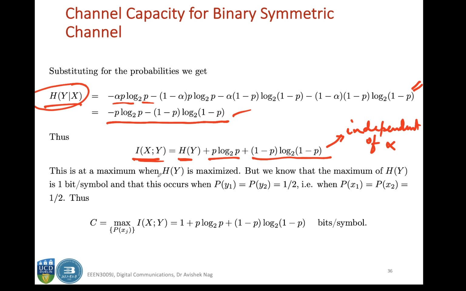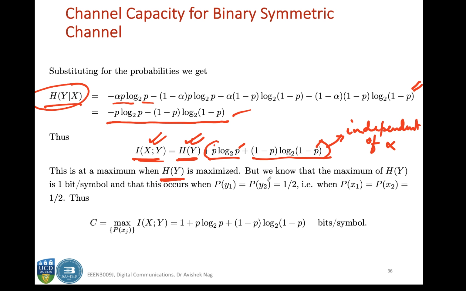So this expression will be at a maximum when H(Y) is maximized. Okay, so this is fixed. This p is the crossover probability, so this is the property of the channel and this part is fixed. So this expression is maximized only when this H(Y) is maximized.